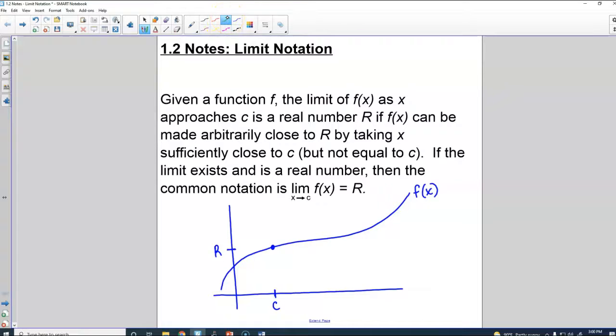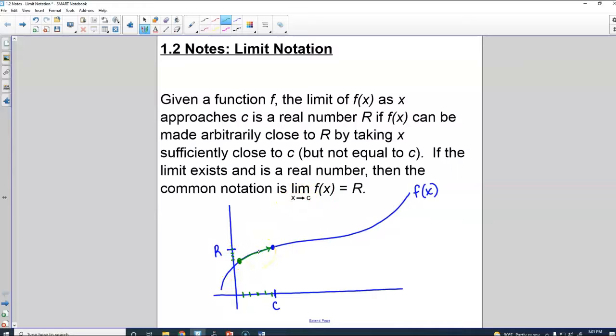This is saying if I have a function f of x here, and I put a point somewhere, right here, as my x-coordinate gets closer and closer to c, my y-coordinate will get closer and closer to r. So as this point moves, as your x gets closer to this c value, your y-coordinate will get closer to that r value.